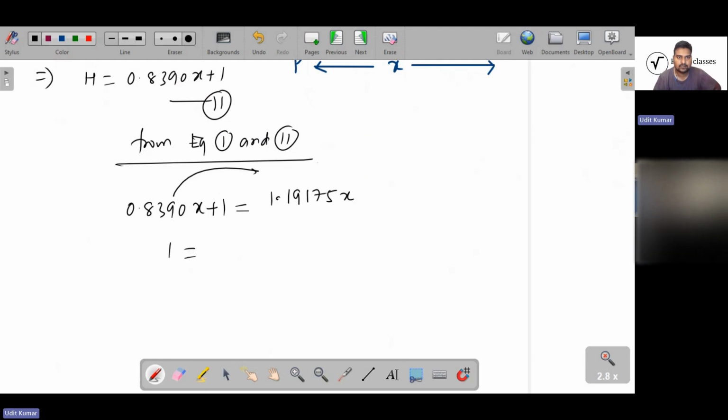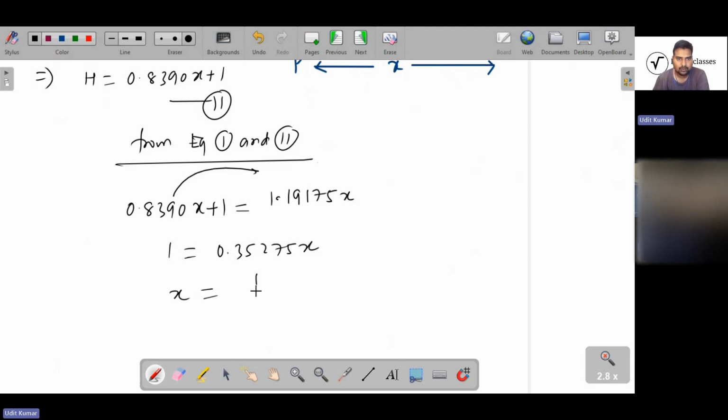You will get 1 equals 1.19175x minus 0.8390x, so that is 0.35275x.